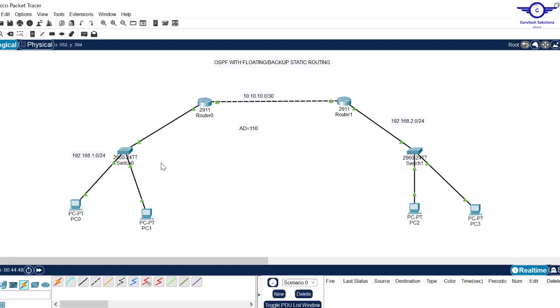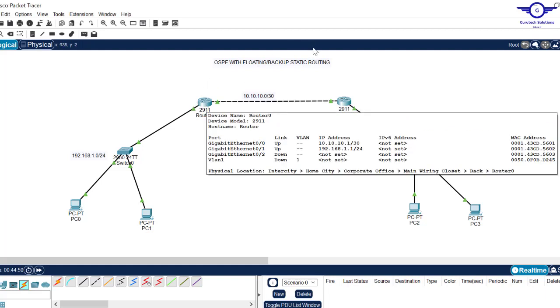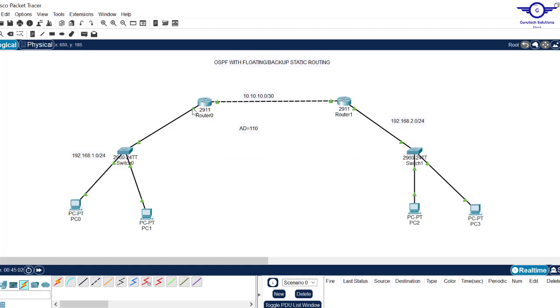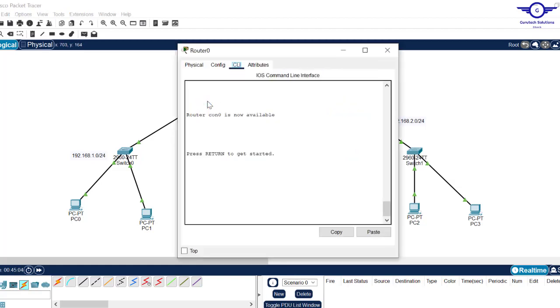So when the primary fails, the backup with the higher administrative distance will be used. We've configured OSPF, so it's time to configure its backup. The backup will be a static route with a higher administrative distance than that of OSPF.